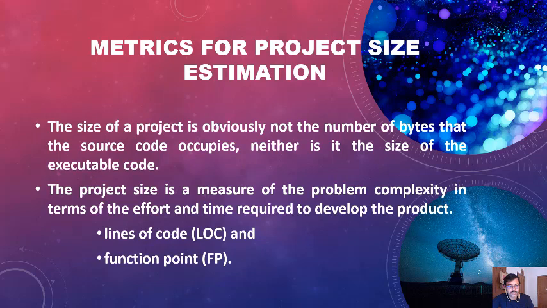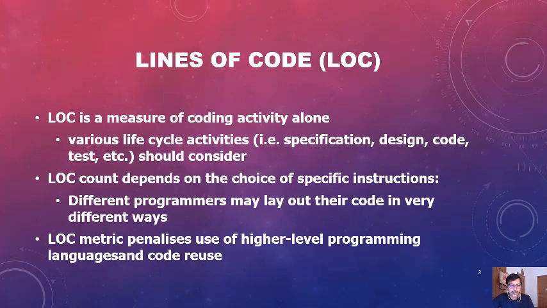The project size is actually measured in two ways. The first is lines of code and the second is function points. Lines of code is called LOC and function point is FP. Lines of code measures the coding activity alone.